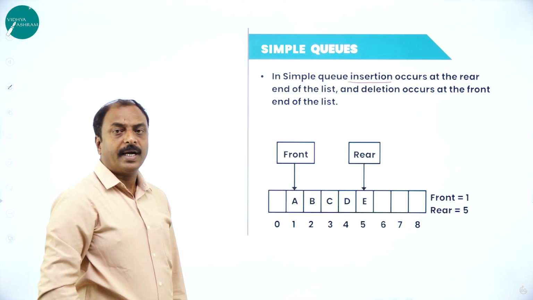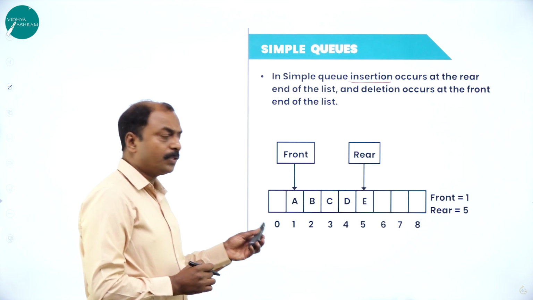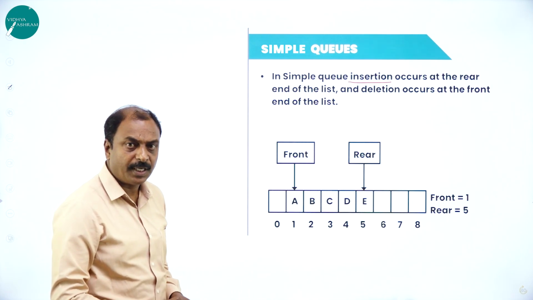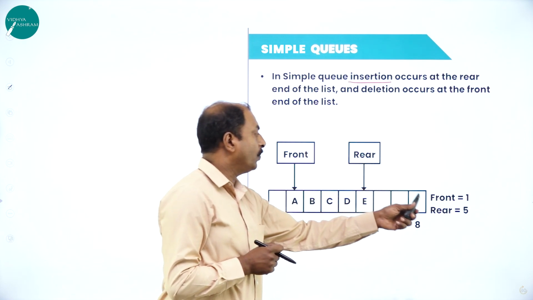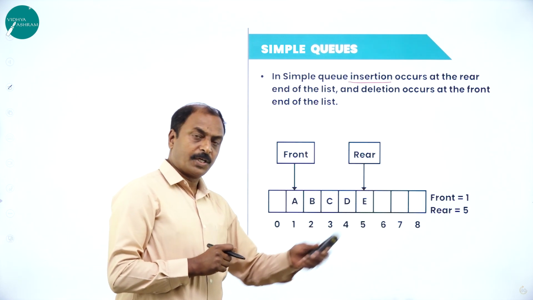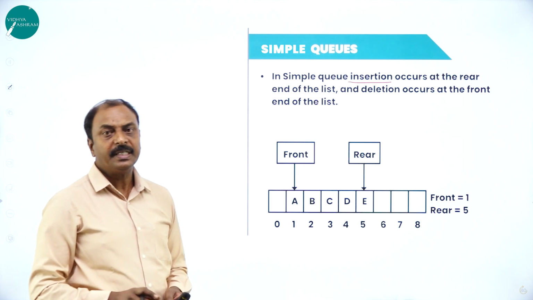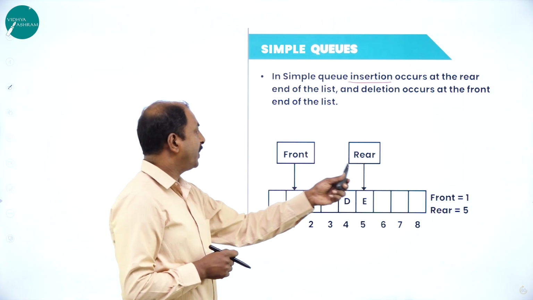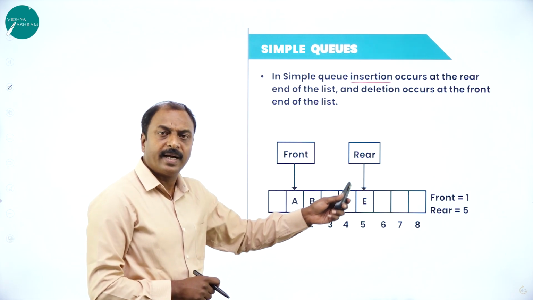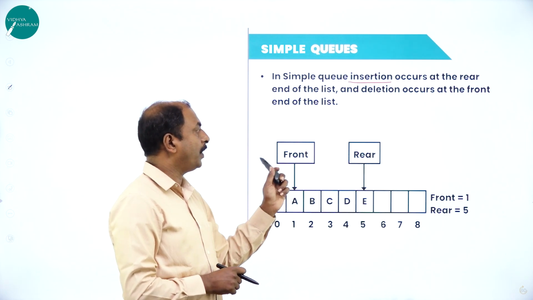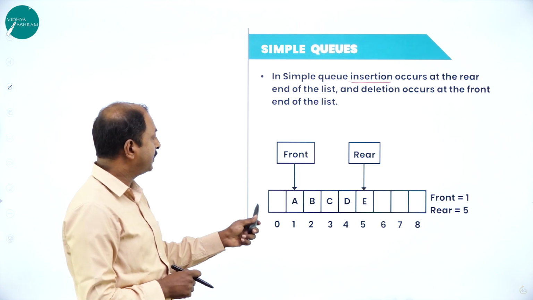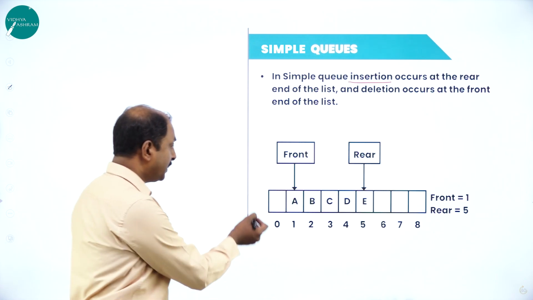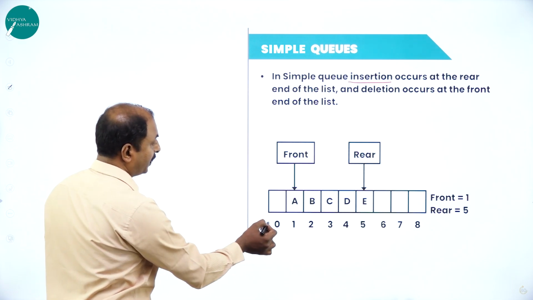So here at the beginning, suppose in the beginning there are no data items in the queue, that is, the queue is empty. In that condition, the rear as well as the front pointers point at -1, or in this example 0. In this example, the index is 0.